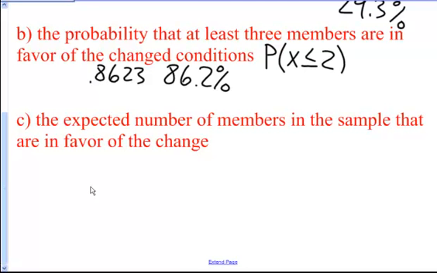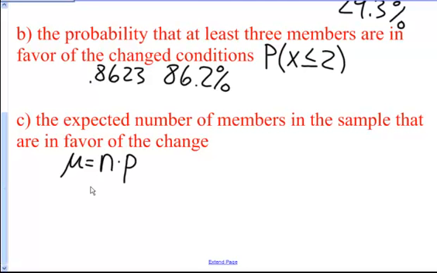Okay? So part C: what is the expected number of members in the sample that are in favor of the change? This is going to be our mean value, so we're trying to find mu here. Mu is equal to the number of trials, the number of people we surveyed, times the probability.